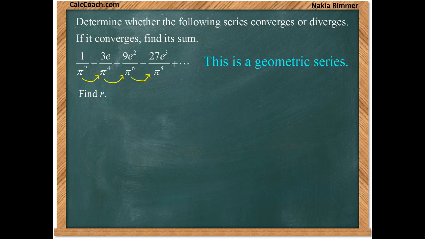We find it by figuring out what the numerator gets multiplied by and what the denominator gets multiplied by. The numerator is easy enough to figure out. It gets multiplied by negative 3e. The denominator has powers of pi going up in order by 2, so the denominator is multiplied by pi squared.